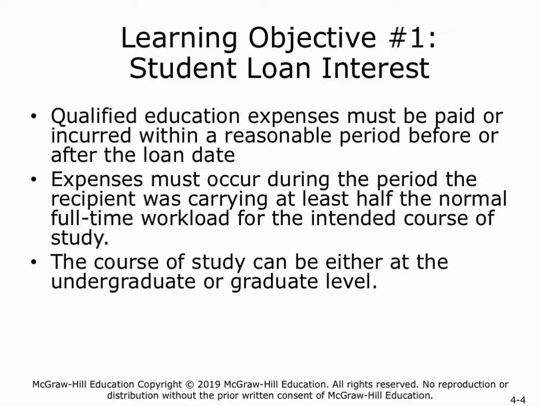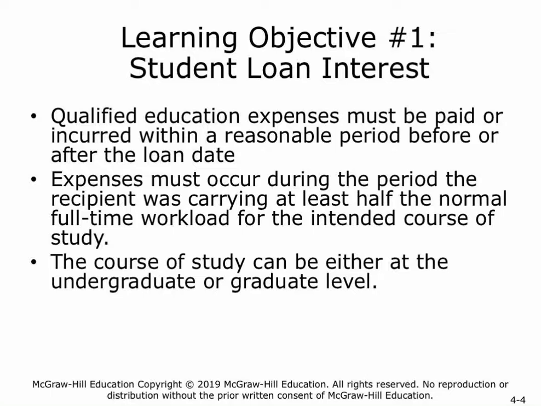The expense also must occur while the student is at least half-time. So if full-time was considered 12 hours for a semester and the student was attending at least 6 hours, then those expenses could be considered for a qualified student expense.